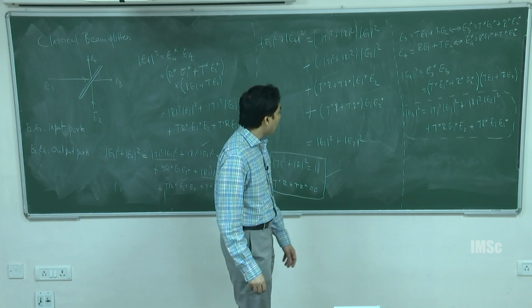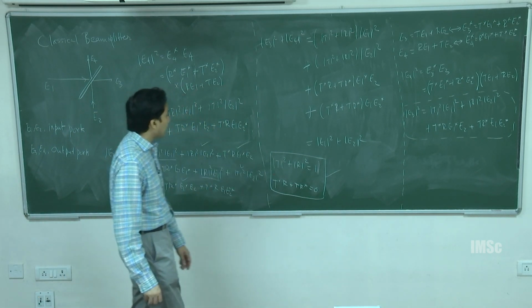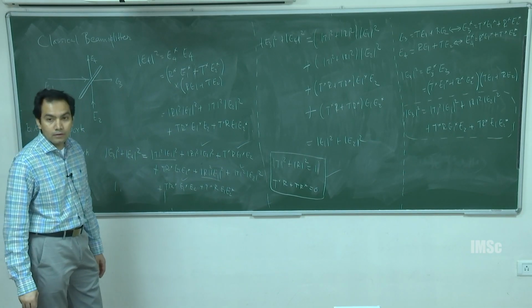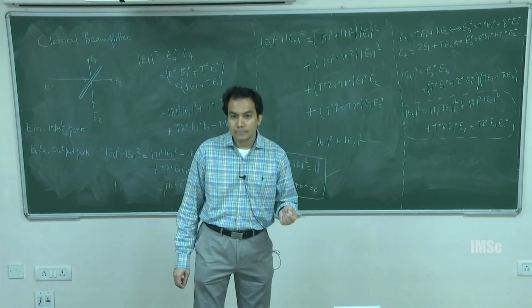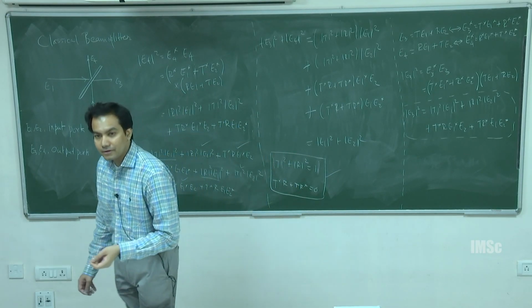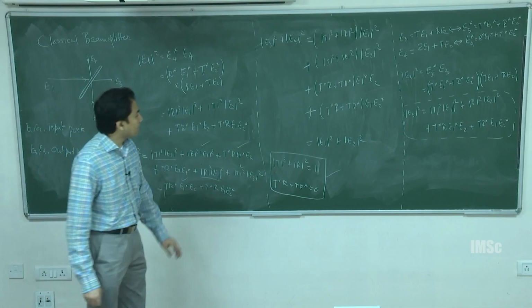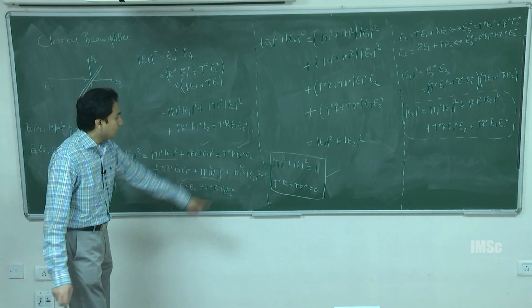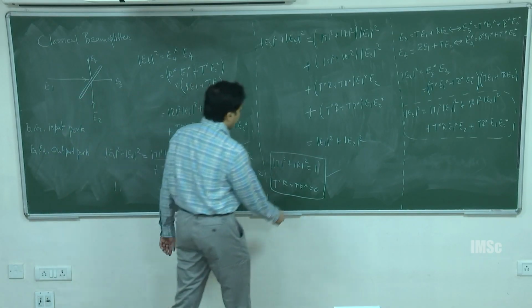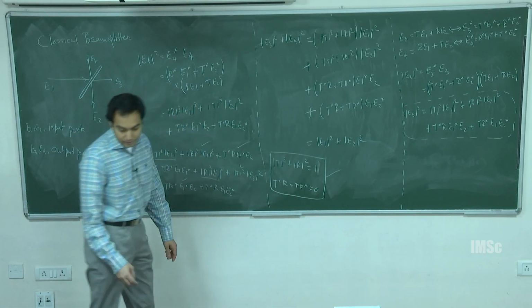If it is not 1, the beam splitter is not lossless, so energy is not conserved and there is some dissipation. But here we are assuming the ideal case where the beam splitter is lossless. So we have arrived at these two conditions.